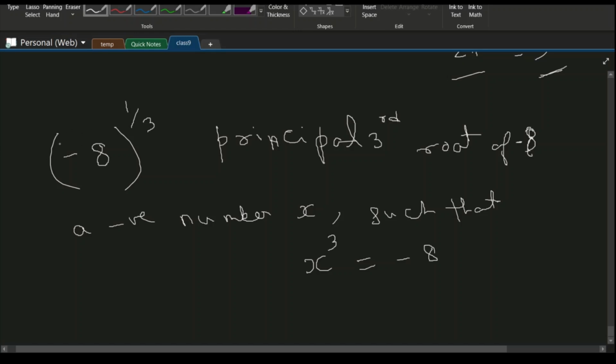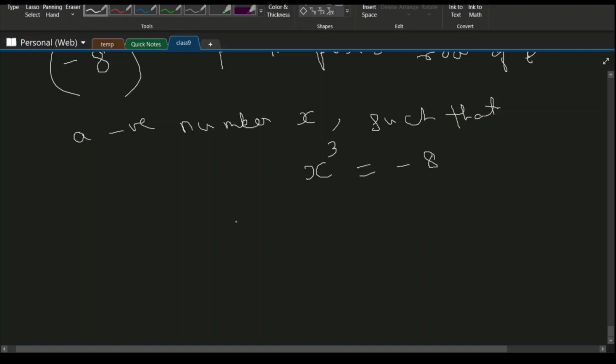Whatever is in the base, I should get it back. So in this case, what is such a number? You can see if instead of x, I use minus 2 and put the power 3, this gives me minus 8. So I can say minus 8 to the power 1 by 3 will be equal to minus 2.